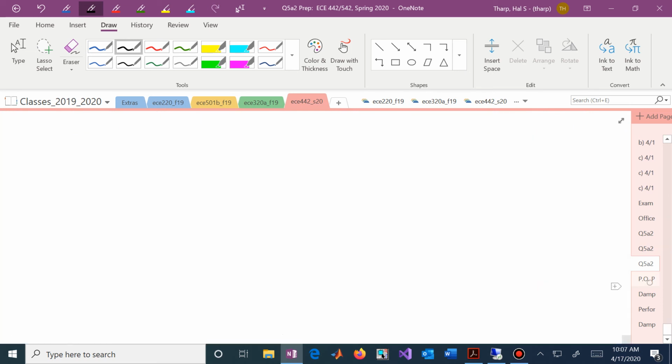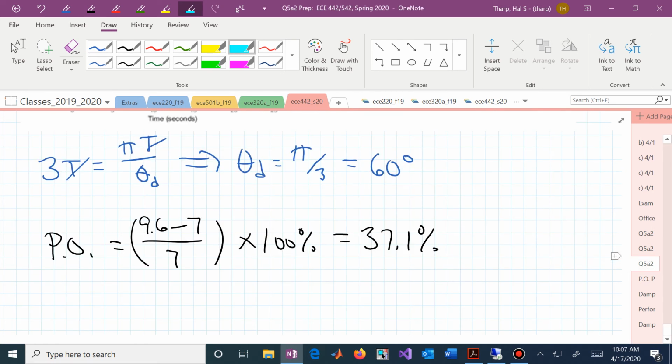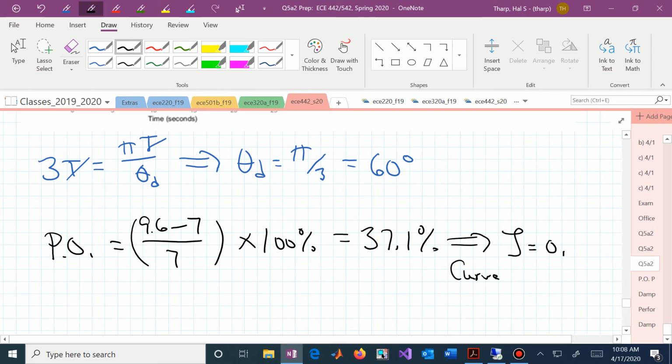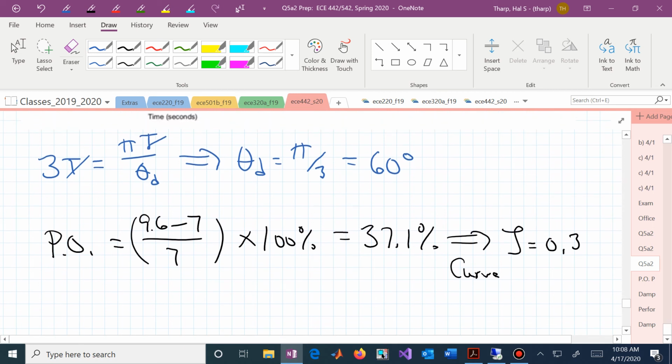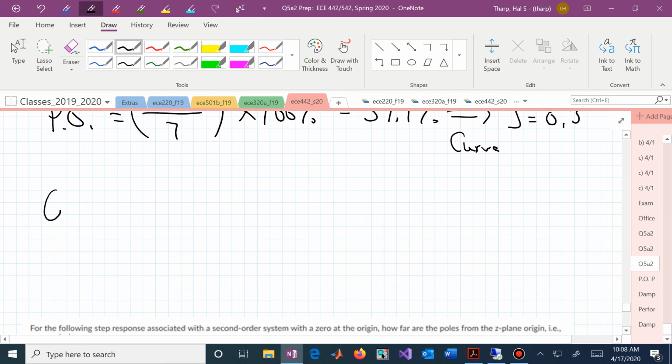We can now go over here and we can say, oh, what is 37.1%? Wow, that looks like it's at about 0.3. So from this, we can immediately say from our curve that zeta is 0.3. So now you know how to proceed. We have theta d, we have zeta. We can now use that from our table.